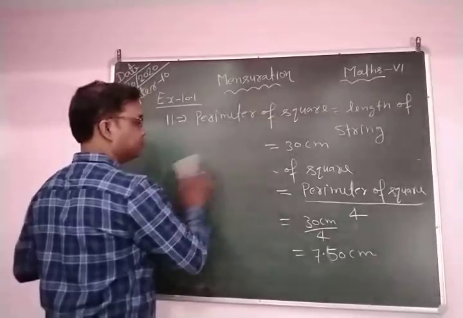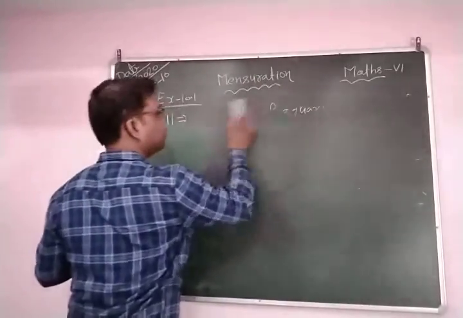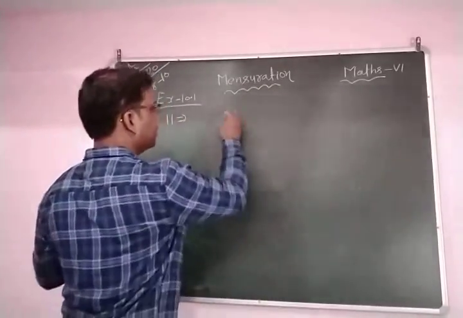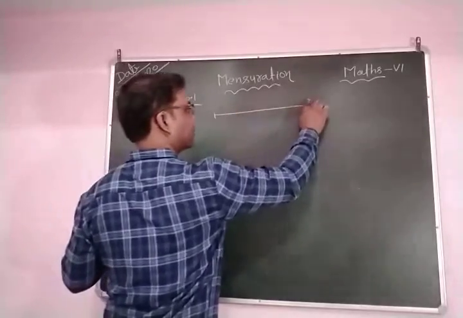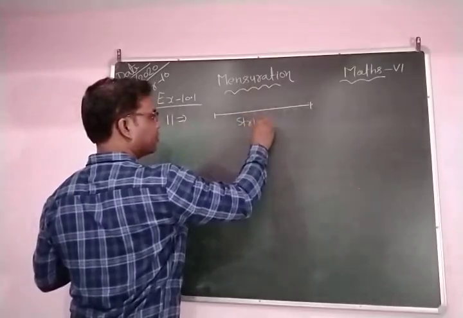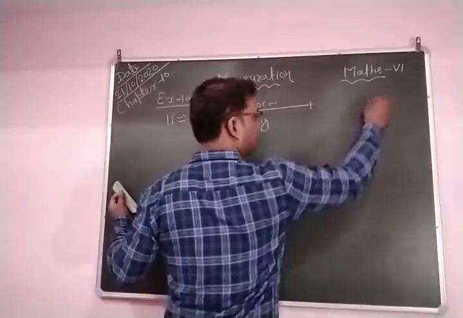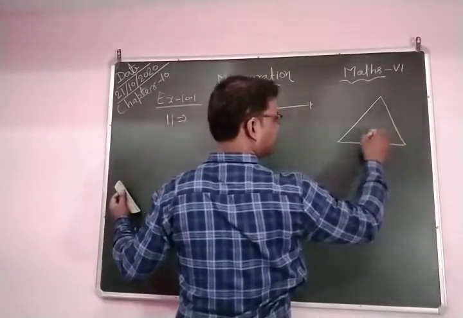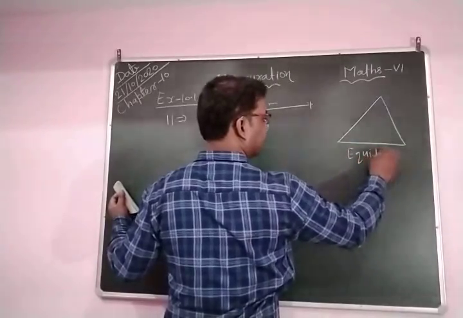Now you can write here perimeter of equilateral triangle. You can see here, this is the length of string, 30 centimeter. From this string we form an equilateral triangle.